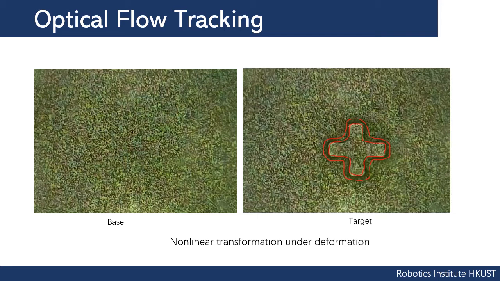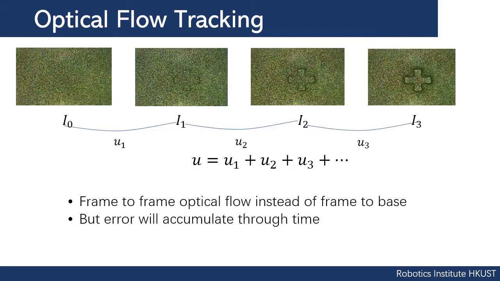This nonlinear deformation cannot be easily tracked by a single UV vector. We may want to calculate the frame-to-frame optical flow and then add them up for a more accurate estimate. However, in the long run, this will cause the error to accumulate.